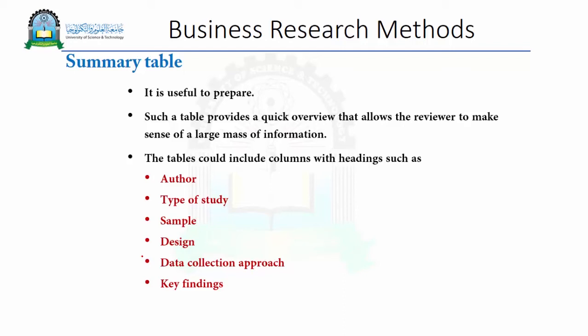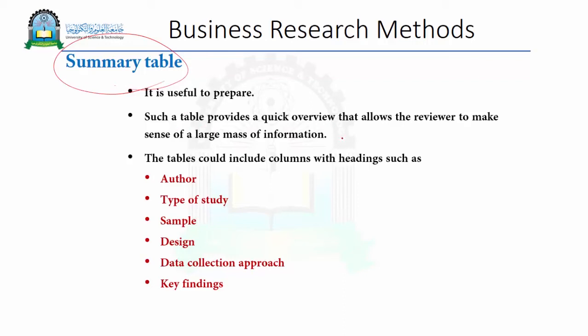So it is easy for the researcher to summarize the previous studies in a table summary. So whenever he has some problems or he needs to go back, he can have the table like a guidance. So the summary table is going to be a guidance for the researcher, and that can make the literature review easy. So it is useful to prepare.